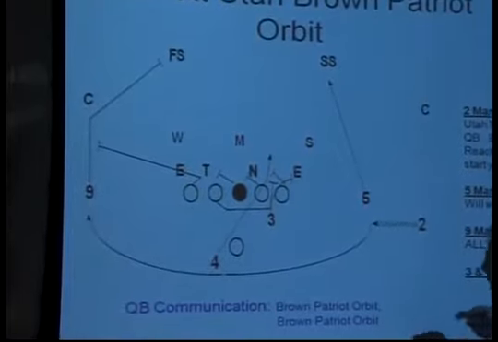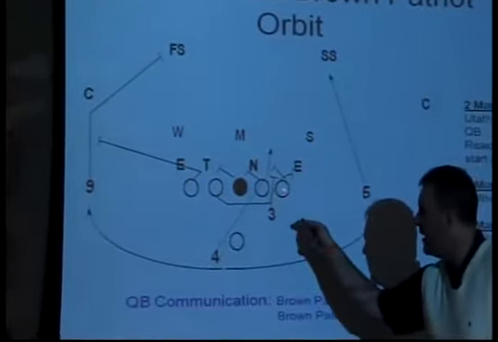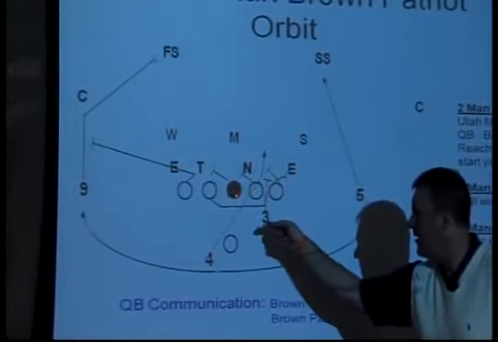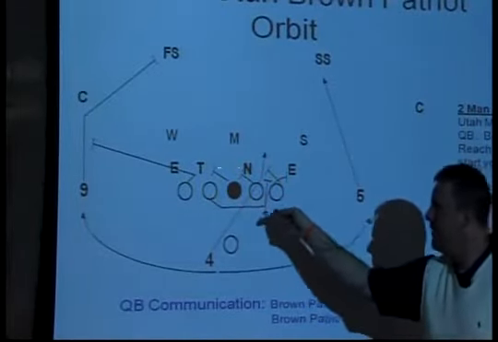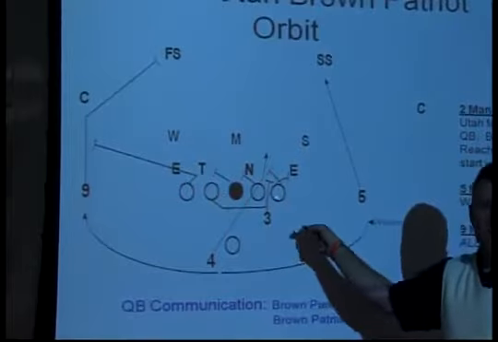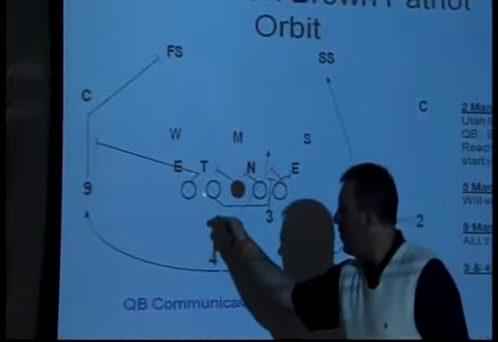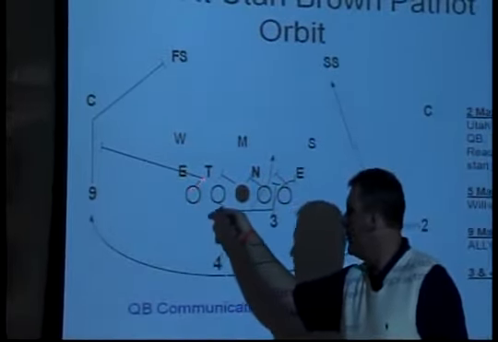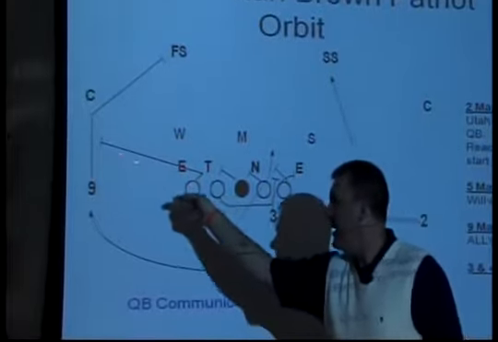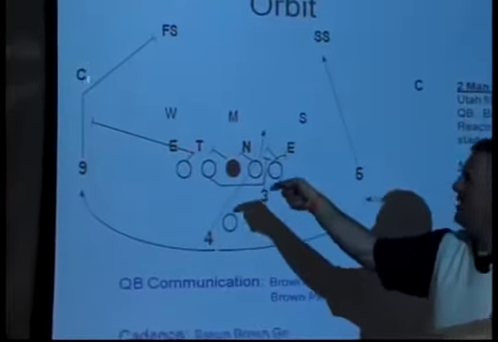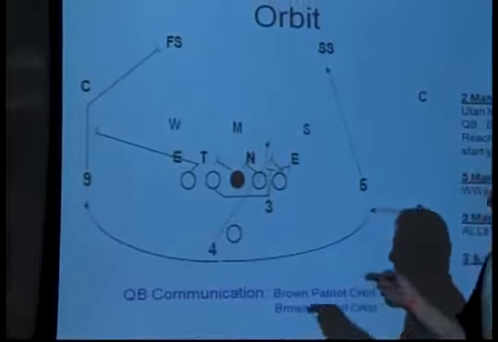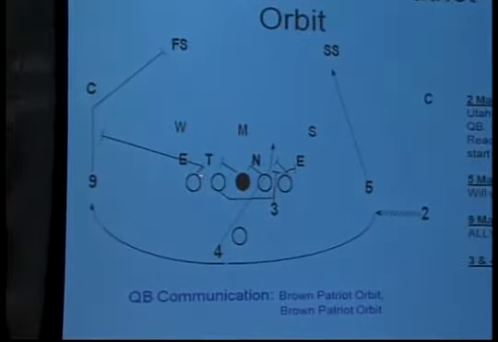Okay, so we're keeping low hats. Offensive line from right guard, right tackle, right guard, center, and left guard, all of you are running Patriot. Okay, going on Brown. The Orbit talks to the tackle. He's stepping down, keeping a low hat, and he's working out flat. Anticipate the corner. Anticipate the corner. You've got to kick.